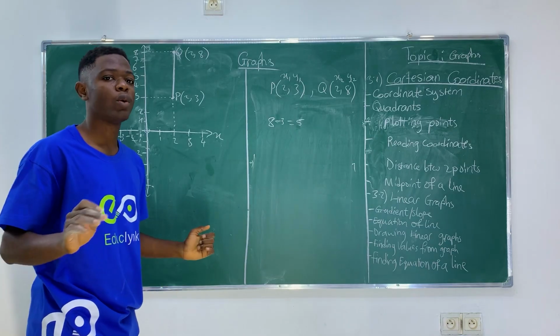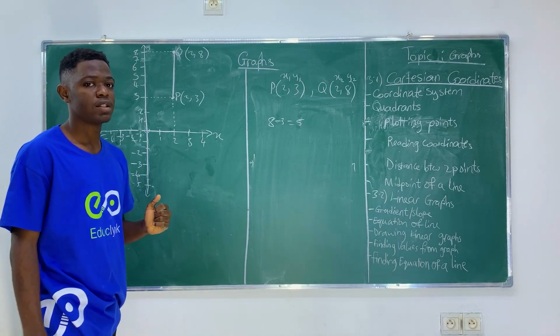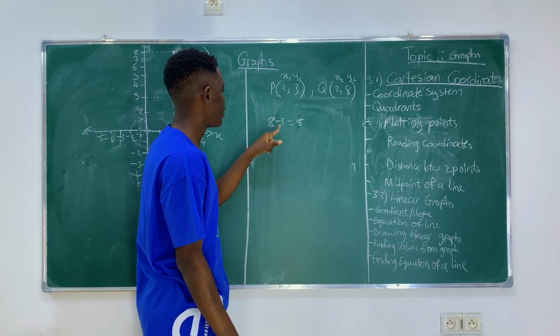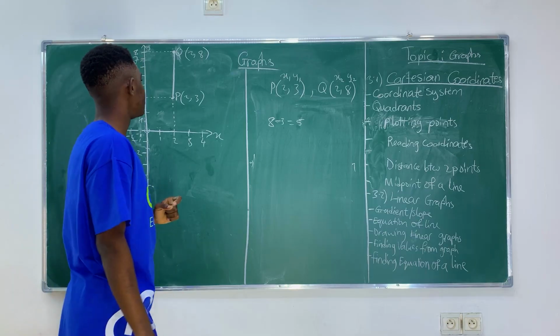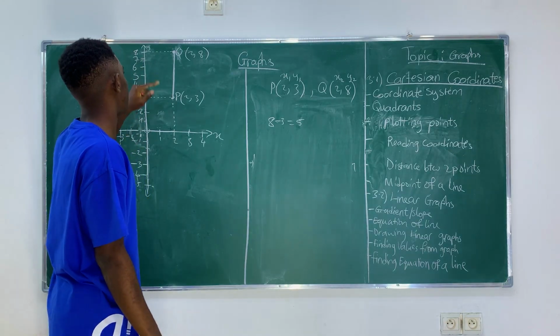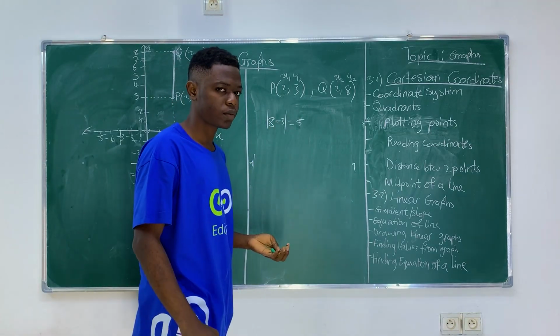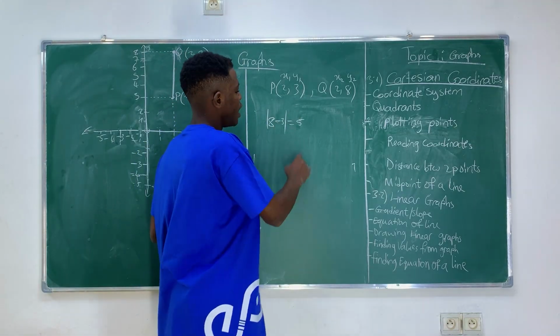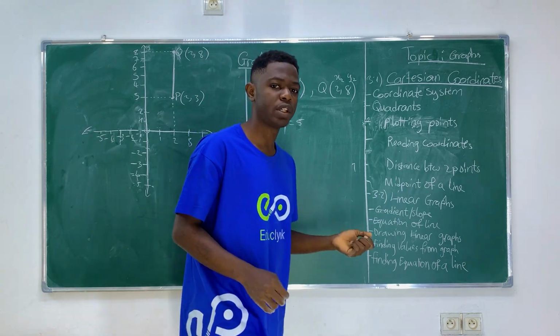So what is the distance? The distance is 8 minus 3, the bigger one minus the smaller one. Or if you choose to say that your distance is 3 minus 8, then you take the magnitude, and you still have the same answer, 5, because distance cannot be negative.